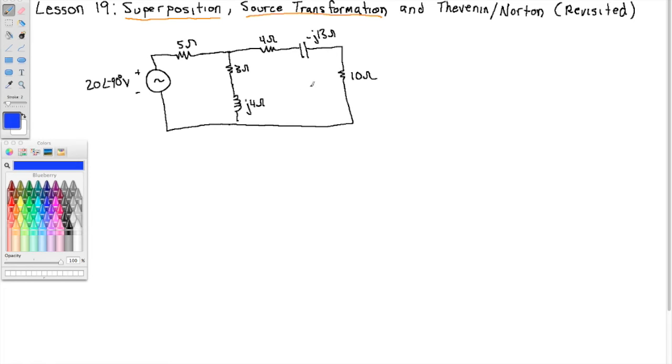Okay, and I want to find the voltage Vx there. So I'm going to use source transformation to find Vx.